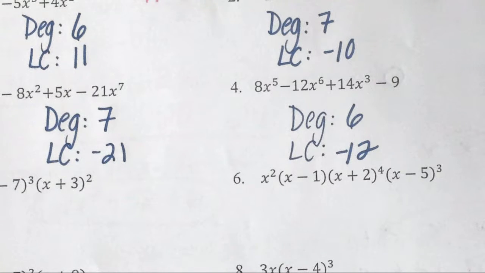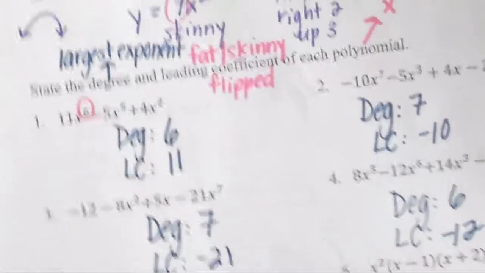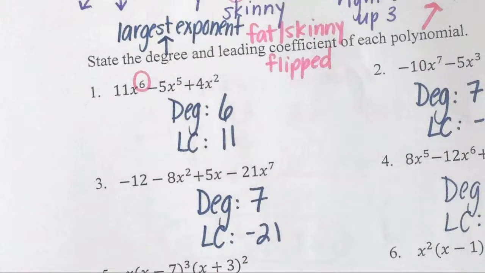So yes, the degree goes with the largest exponent, but the degree also tells us about the graph. The leading coefficient tells us fat or skinny and how our graph's going to look, is it stretched or whatever. But the basics of the graph itself, we can decide from that highest exponent, the degree.